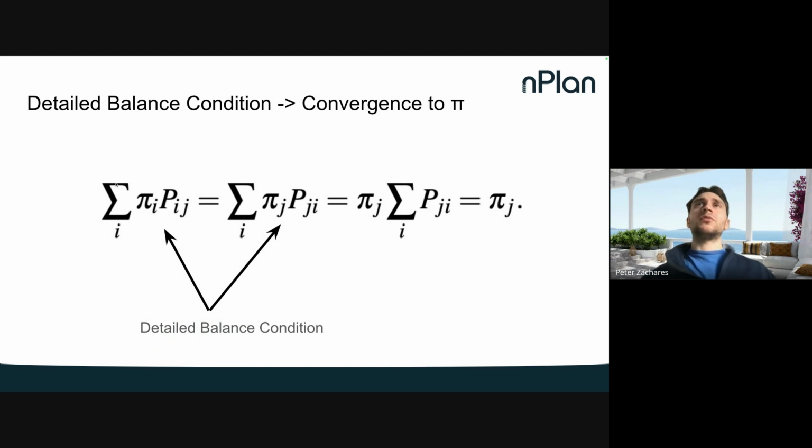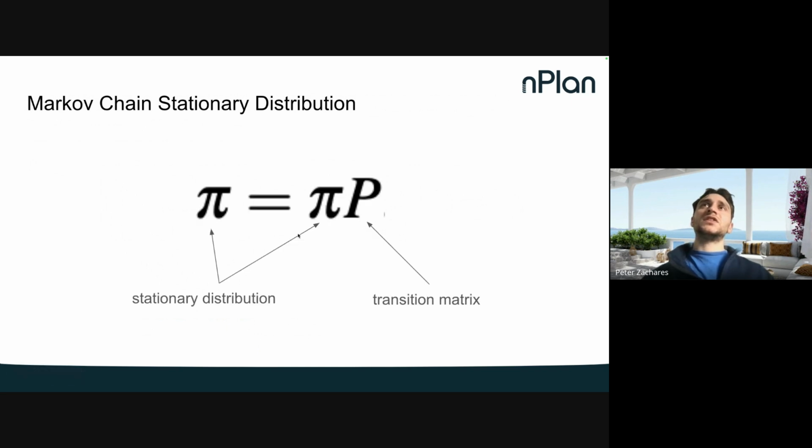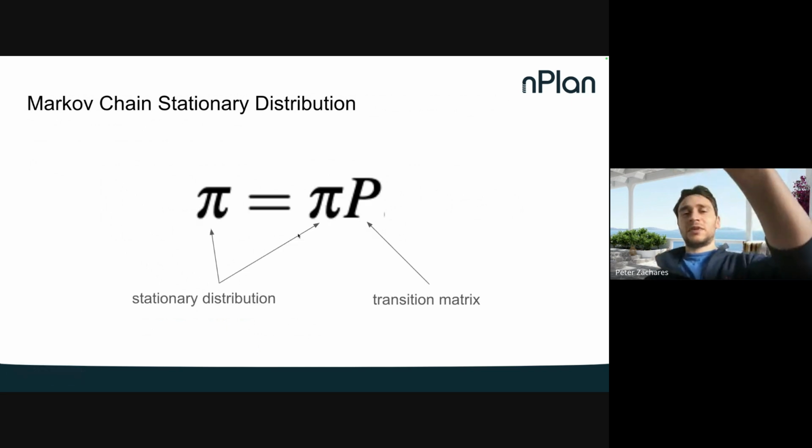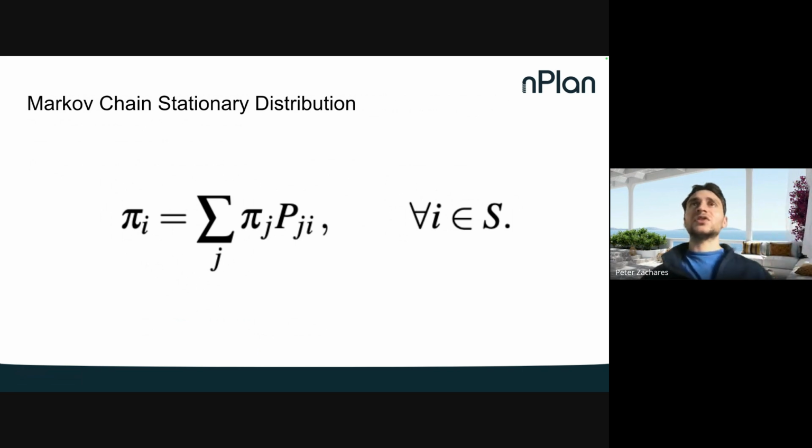So if you remember up here, this is one description of what makes a distribution stationary. This is the same description, but with notation, subscripts to indicate positions in a vector and matrix.